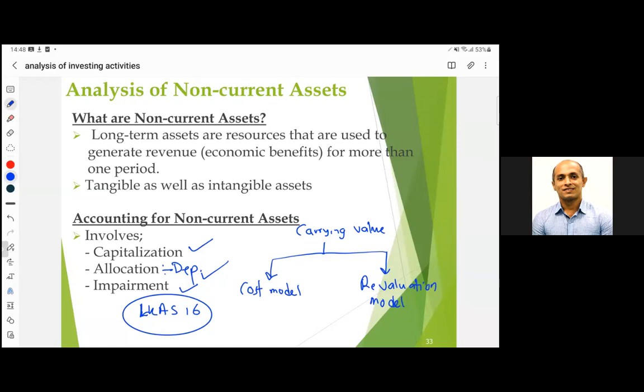You see whether the accounting policy for property, plant and equipment is in accordance with LKS 16. Then you can see the property, plant and equipment note and see whether allocation, depreciation and impairment adjustments have been done. So you study the accounts and see whether the company has applied LKS 16.